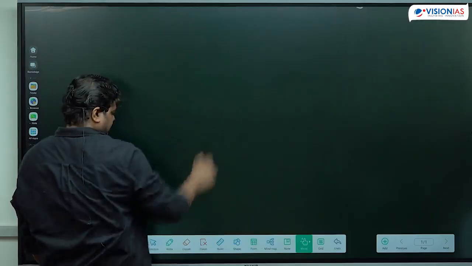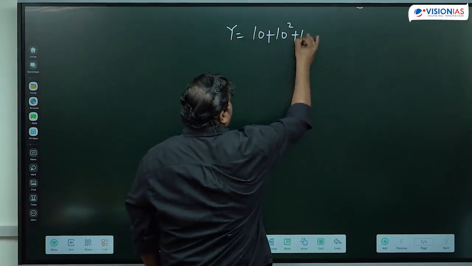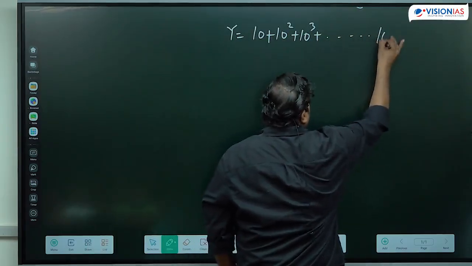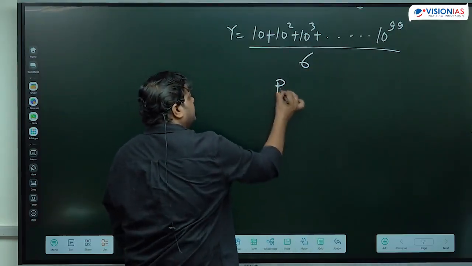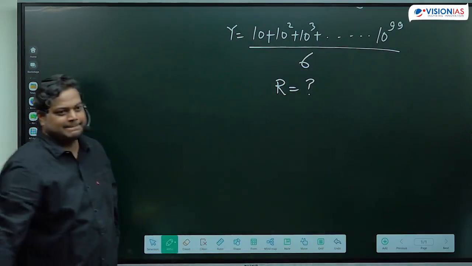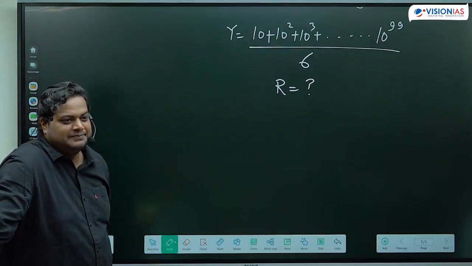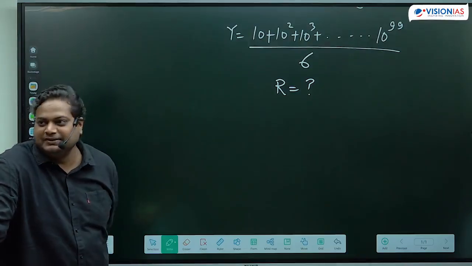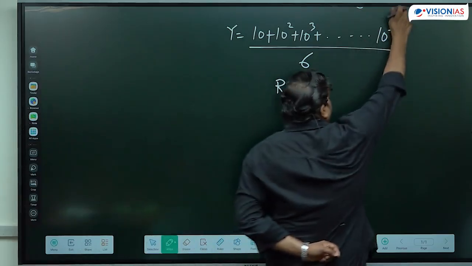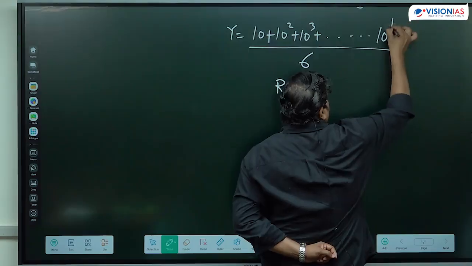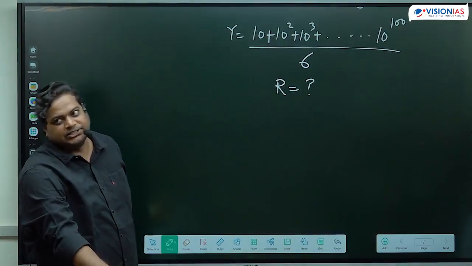If I ask, if we divide by 6, what will be the remainder? Pakka? Zero? How? If I make it 100, तब भी 101.